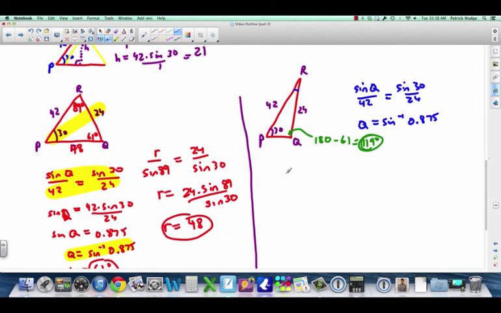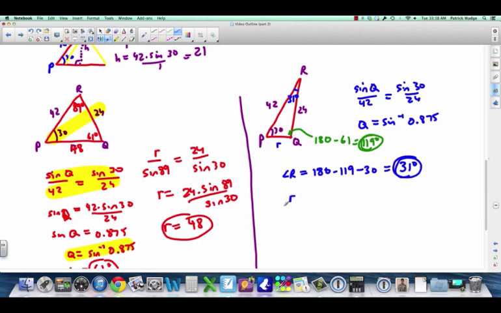Angle R we can get by doing 180 minus the 119 minus the 30, because they all add up to 180, right? Even in an obtuse triangle. So if you do that, you get 31 degrees. And once you know this is 31, you only need to know this side, which we'll call R again, because that's what it is.